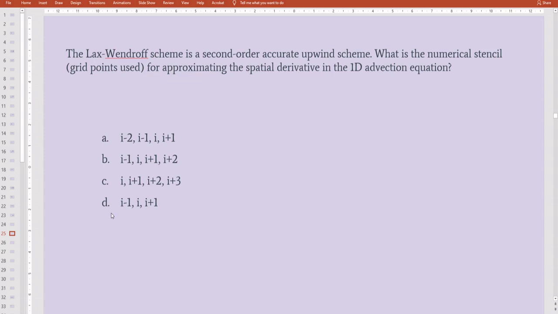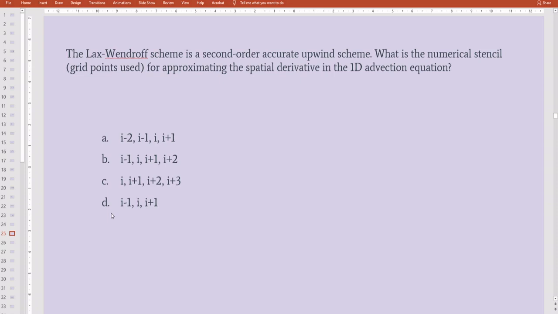Options are: A, i minus 2, i minus 1, i plus 1. B, i minus 1, i plus 1, i plus 2. Option C, i plus 1, i plus 2, i plus 3. Option D, i minus 1, i plus 1.